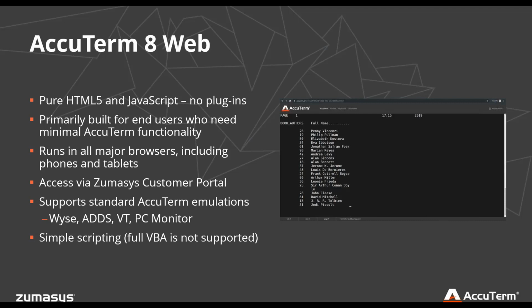But the browsers, starting with Chrome and then Firefox and now Edge, do not do plugins. Or if they do them, they are completely different than what we were able to use for AccuTerm Cloud. So we abandoned the plugin idea, and the AccuTerm 8 web version is done as pure HTML5 and JavaScript. There are no plugins involved.